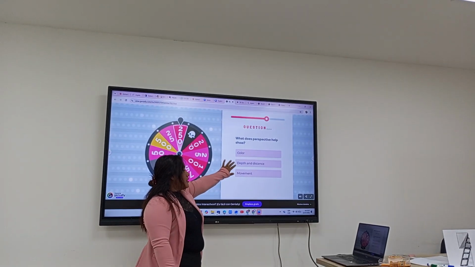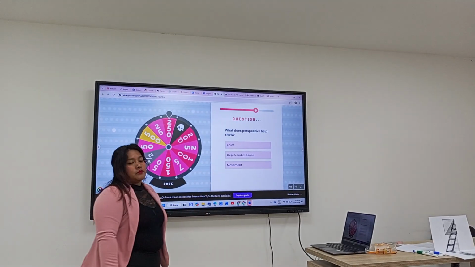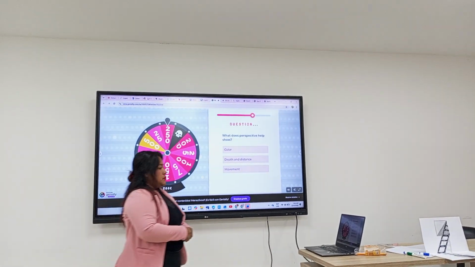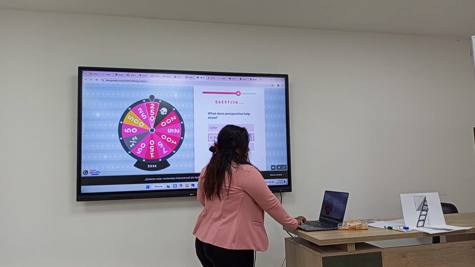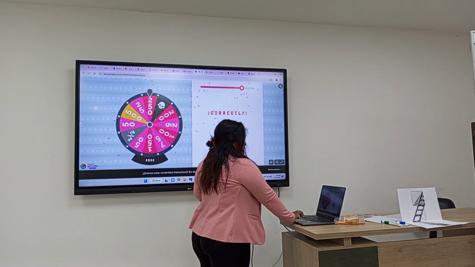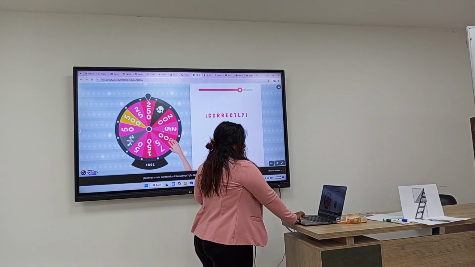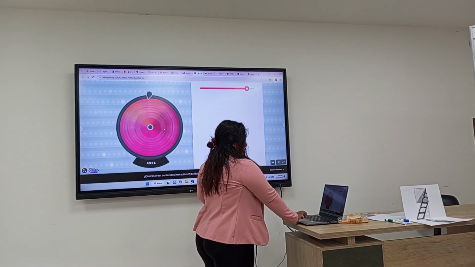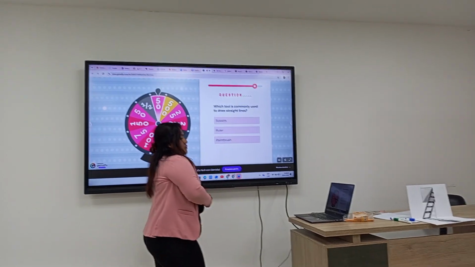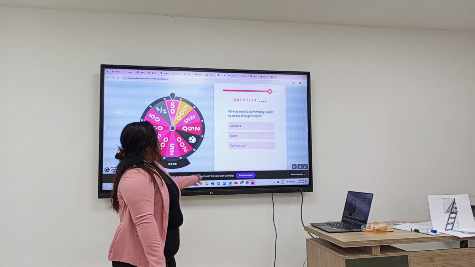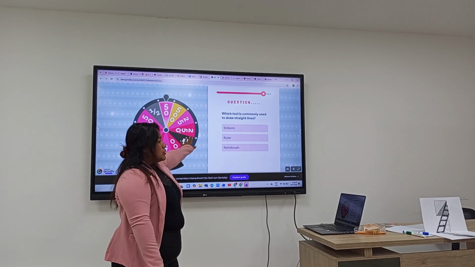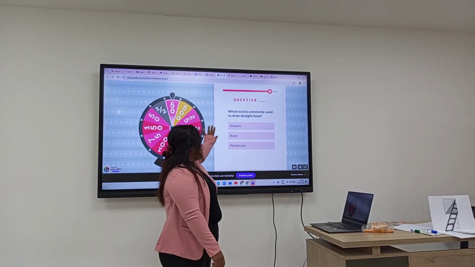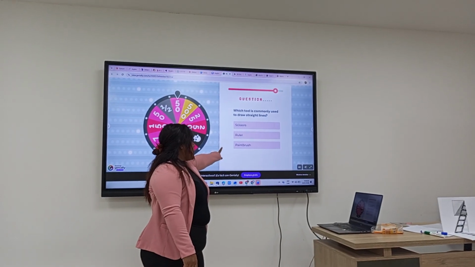Color, depth and distance, or movement? Depth and distance. Which tool is commonly used to draw a straight line? Scissors, ruler, or markers? Ruler.